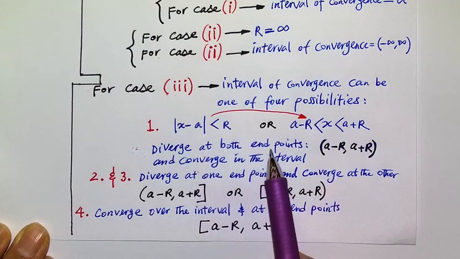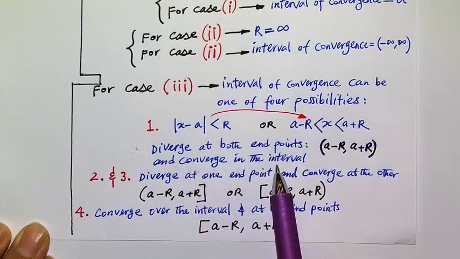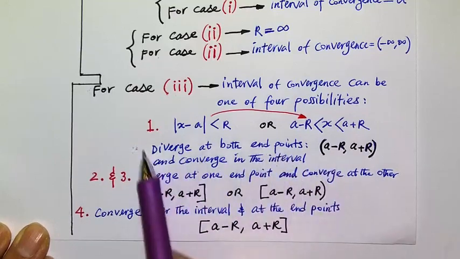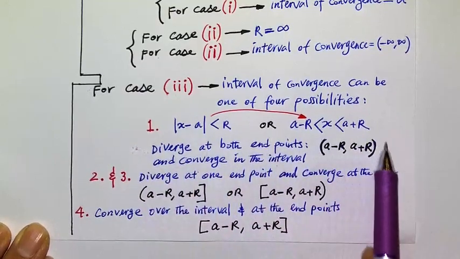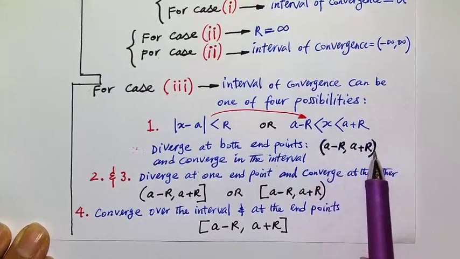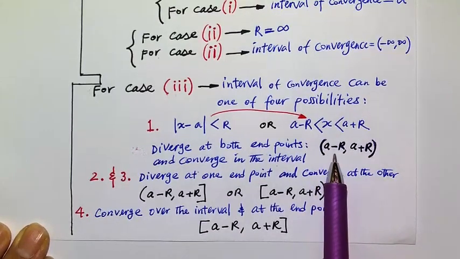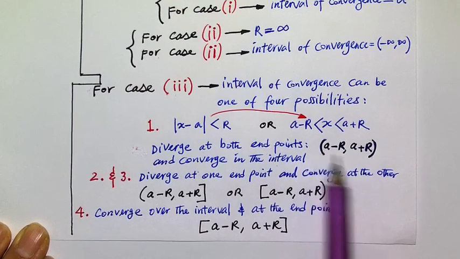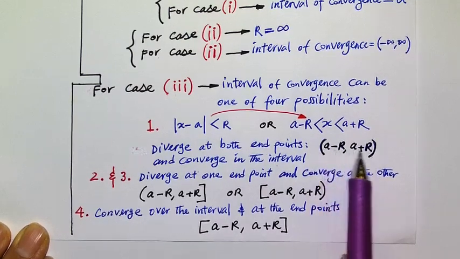So it diverges at both endpoints and converges in the interval. That's what this piece is defining. Again, the parentheses are indicating that the series is shown to be divergent at endpoints, but it is convergent within this interval.